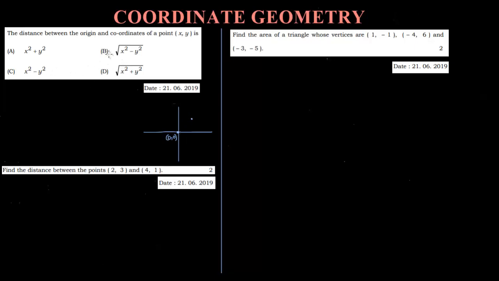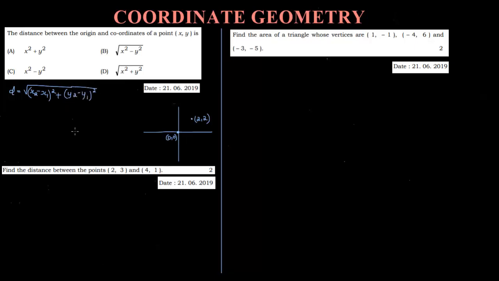They have given you 4 options, right? Let us take some value here, let this point be 2, 2. What is the formula to find the distance? D is equal to square root of x2 minus x1 the whole square plus y2 minus y1 the whole square, right?